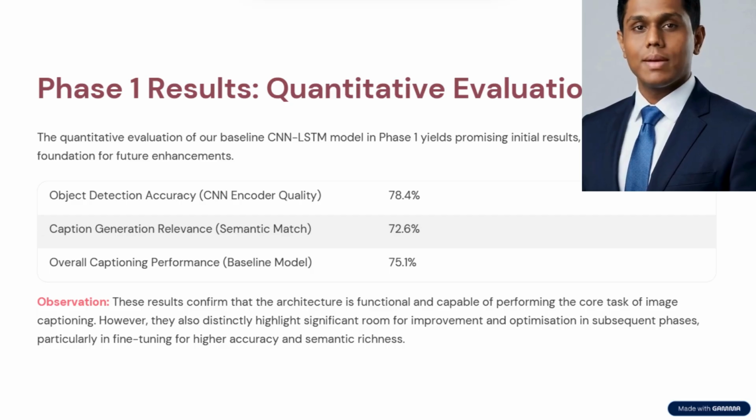Qualitatively, the preliminary implementation produced promising outcomes. The CNN encoder successfully extracted rich visual features, which the LSTM decoder used to generate short, coherent captions. When we fed unseen images into the model, it successfully identified primary objects and actions.